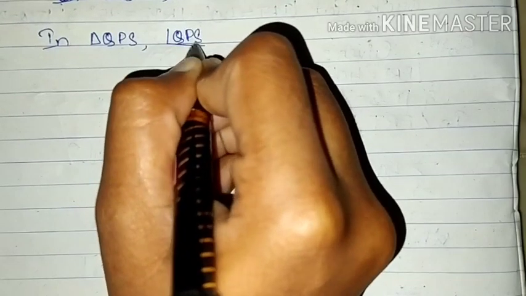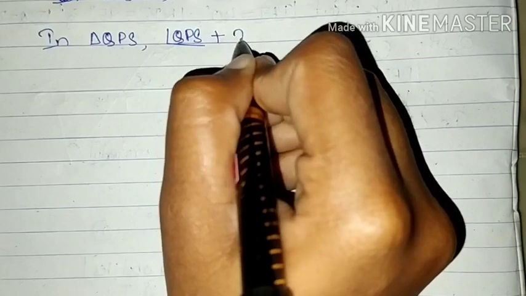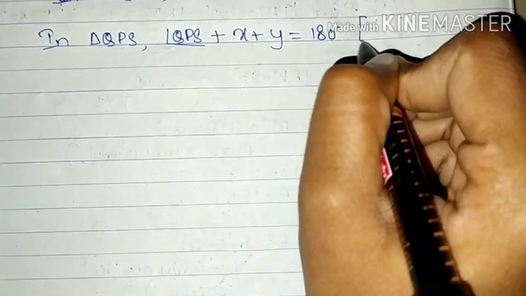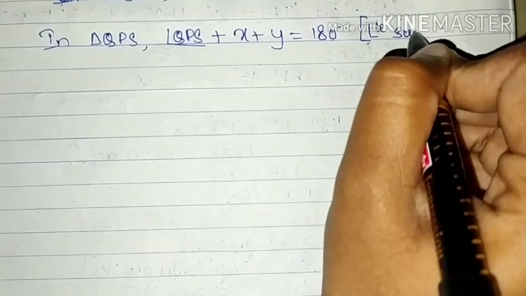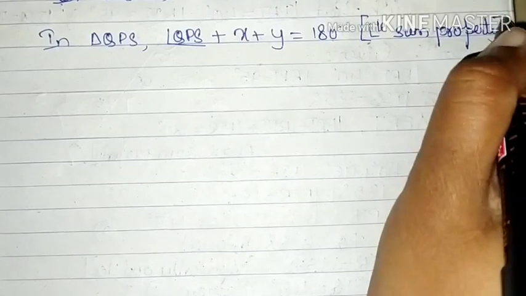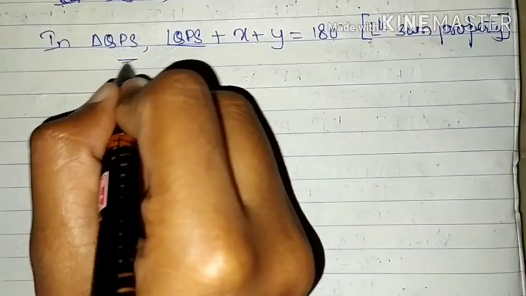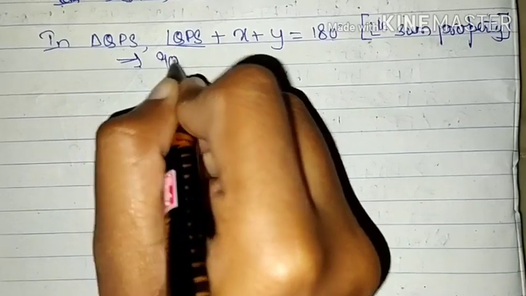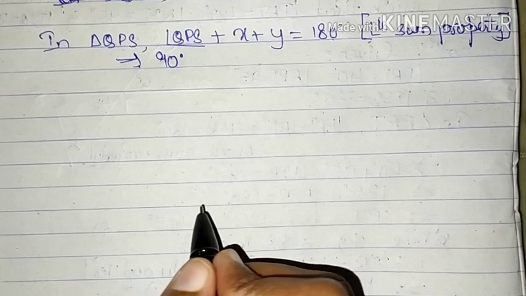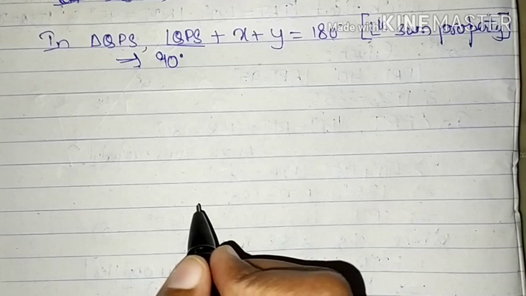Now in triangle QPS, angle QPS plus angle x plus y is equal to 180 degrees because of the angle sum property. So this implies angle QPS is equal to 90 degrees, because they have told us that PQ is perpendicular to PS. Whenever there is a perpendicular, the angle is 90 degrees.